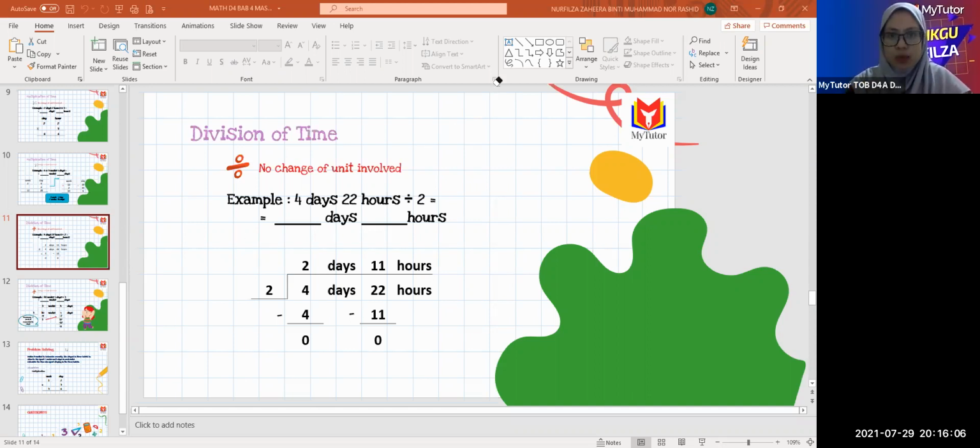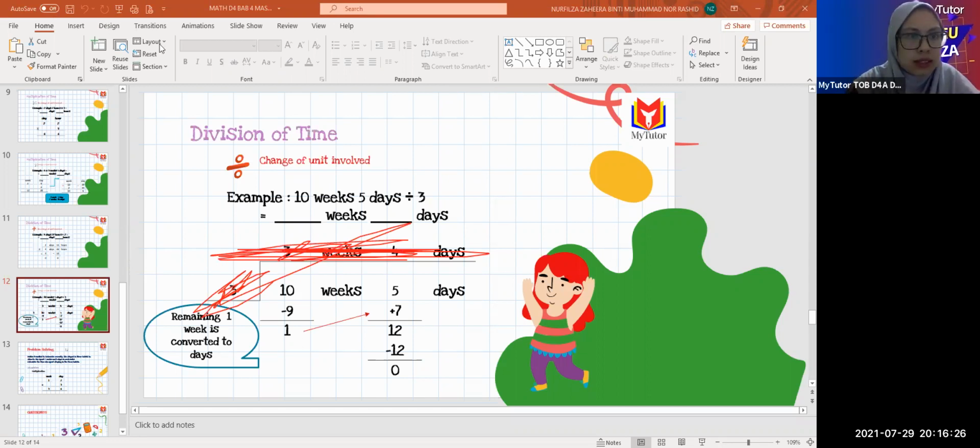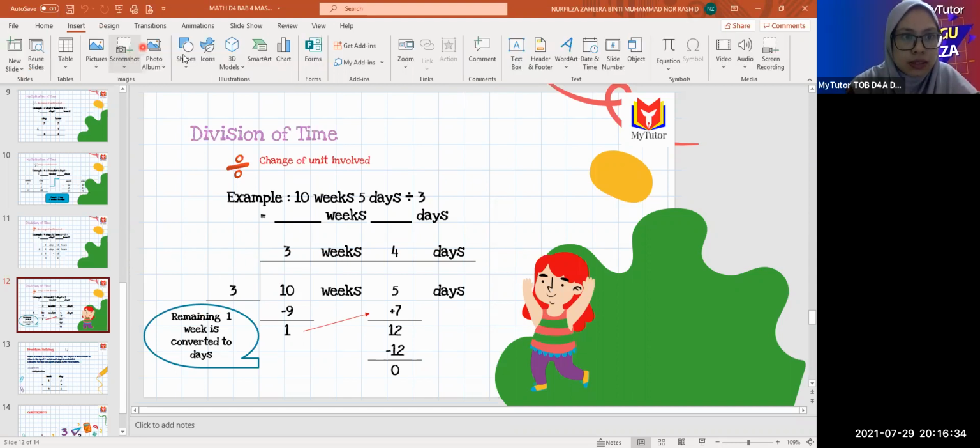All right, so the next question is division of time that involves units. Okay, let me insert a sheet here.